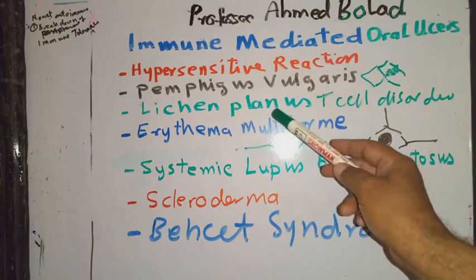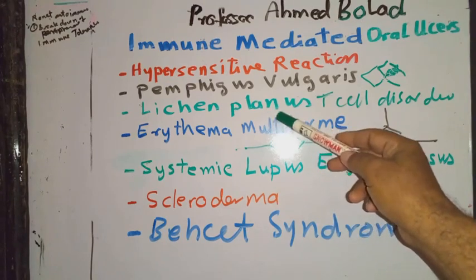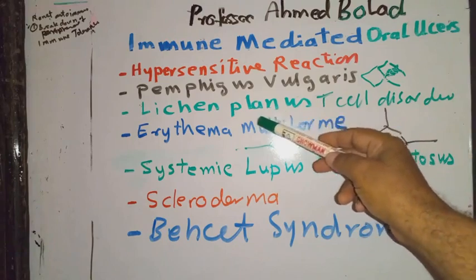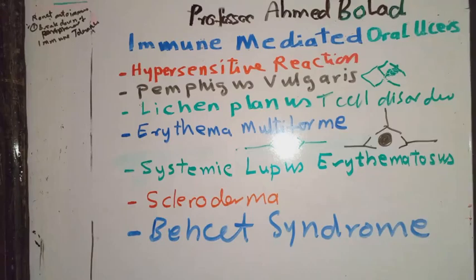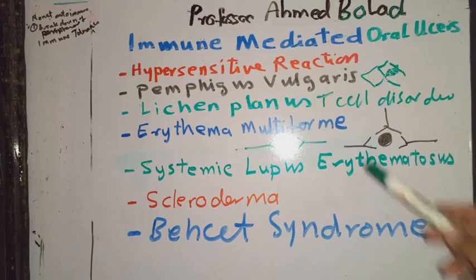And now we are going to discuss oral ulcers due to Lichen planus. Lichen planus is an autoimmune disorder. It usually affects middle-aged females, and it is believed that it is a T-cell disorder.